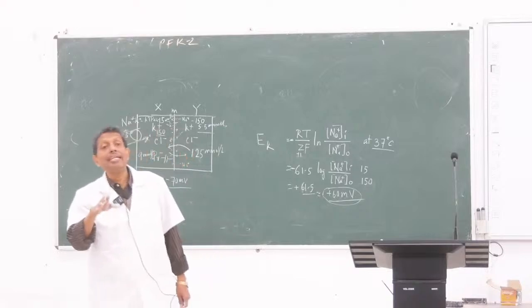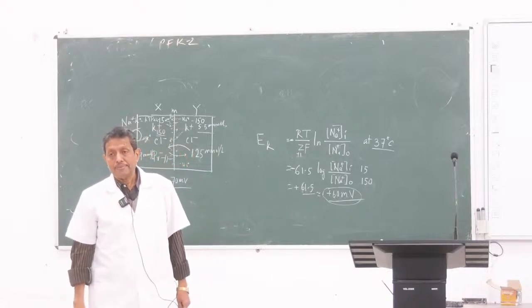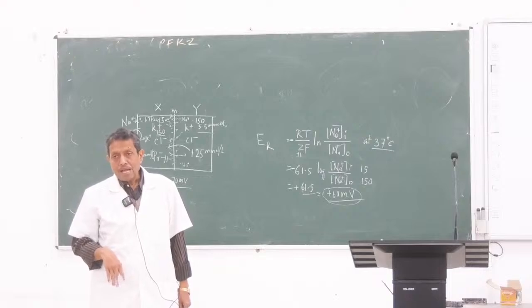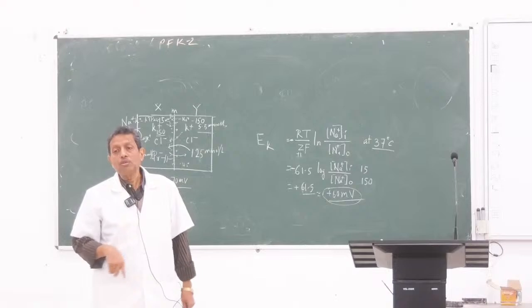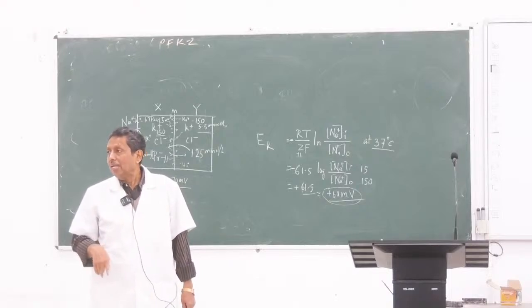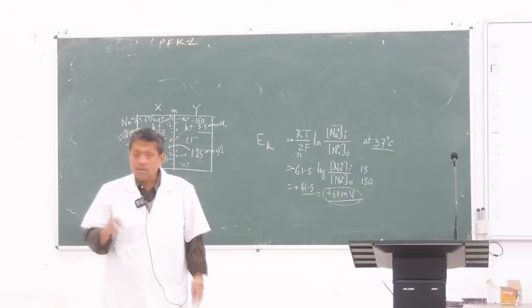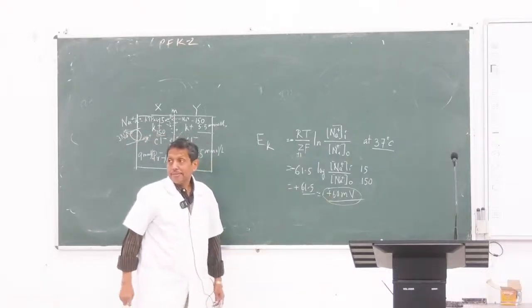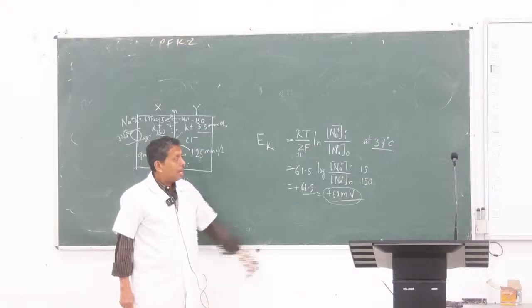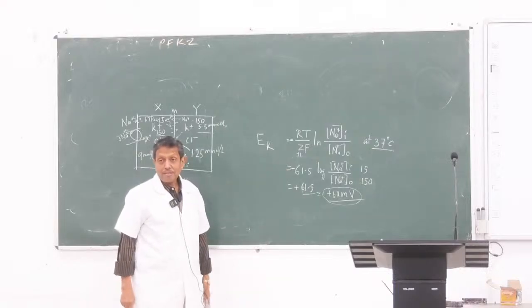Only whenever there is a change in the membrane potential, this voltage gated sodium channel will open, and then sodium has a scope to enter into the cell, following the concentration gradient and electrical gradient, and it will try to bring the potential to this plus 60 millivolt at 37 degrees centigrade.